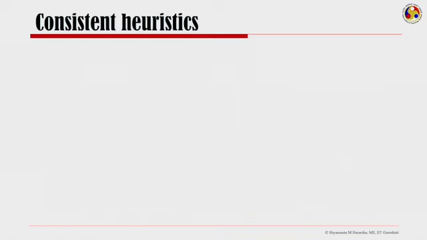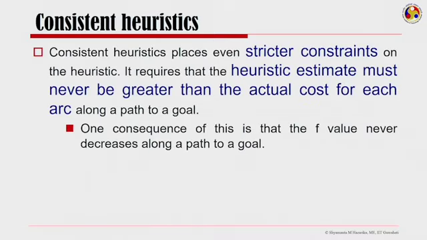Let us now look more closely at another heuristic that is referred to as a consistent heuristic. Consistent heuristics are those which place even stricter constraints on the heuristic. It requires that the heuristic estimate must be no greater than the actual cost for each arc along a path.